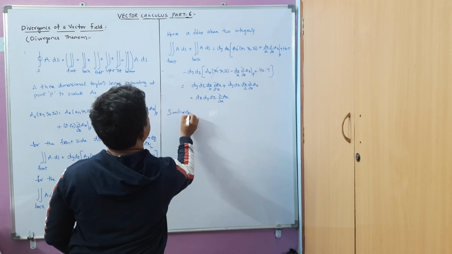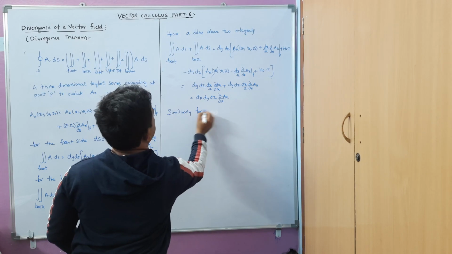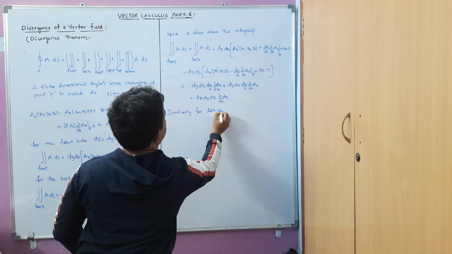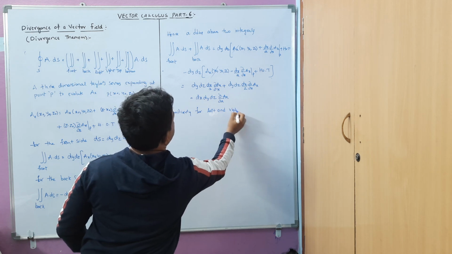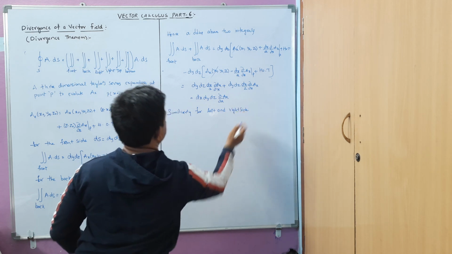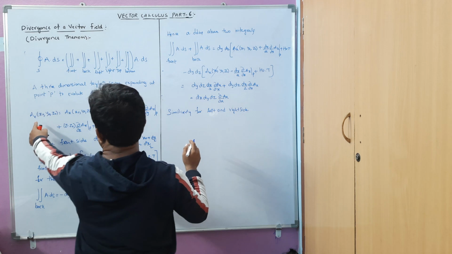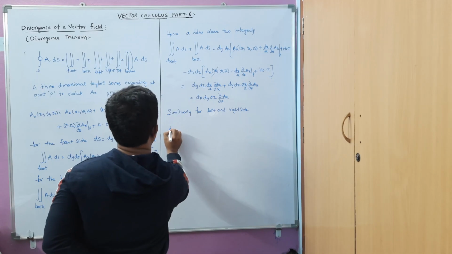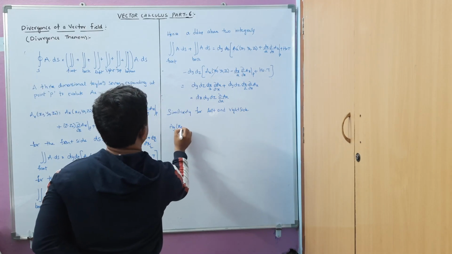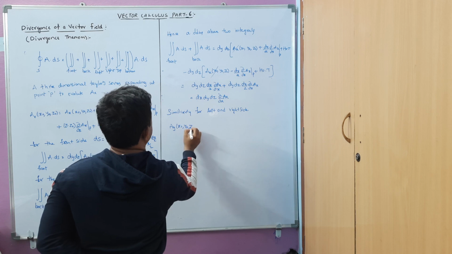Similarly for the left and right side, what I get here: as we have taken Ax, I have to calculate Ay now at x naught, y naught and z naught.